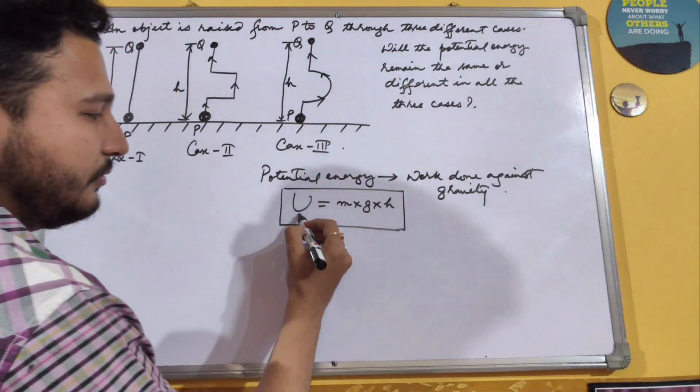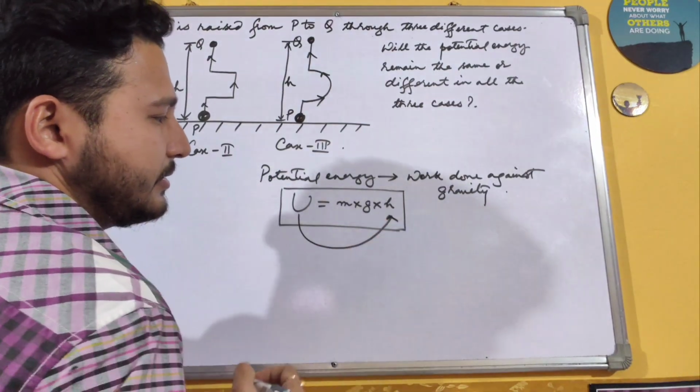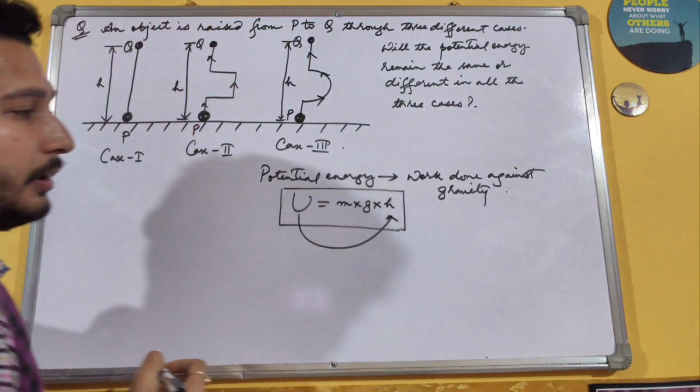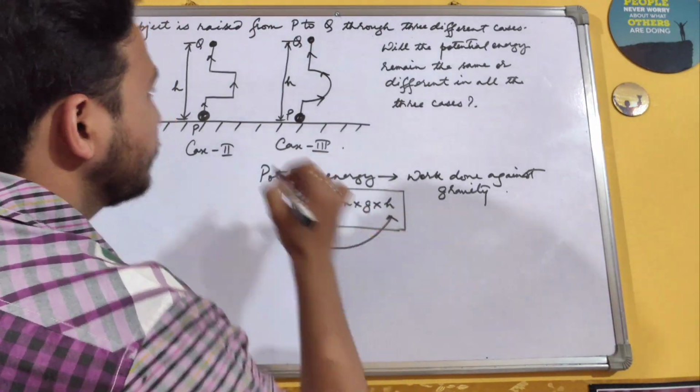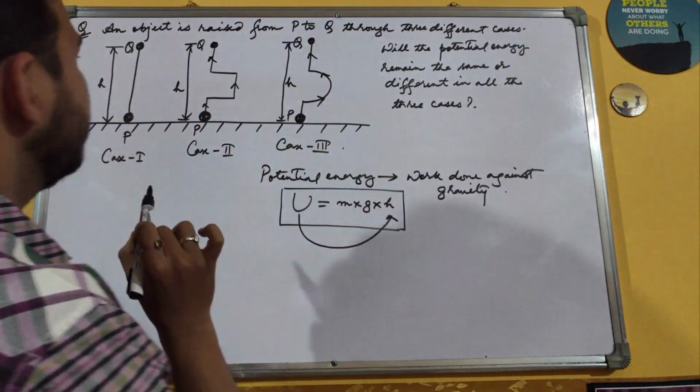So U varies directly as the height. So in all the 3 cases, let's check.